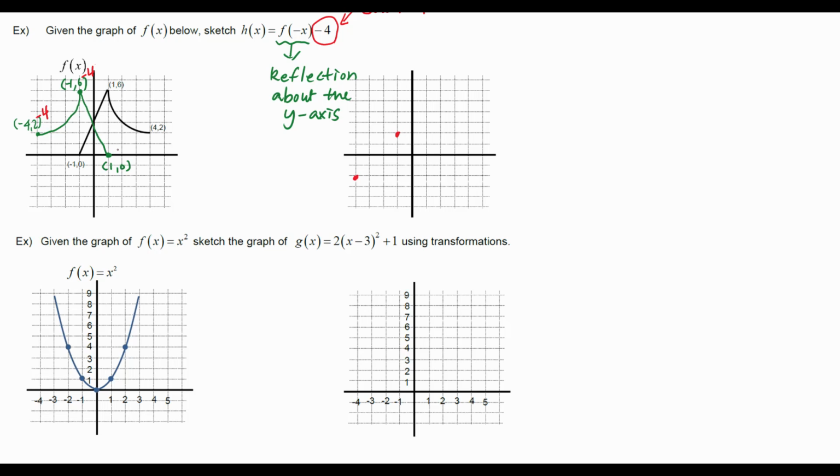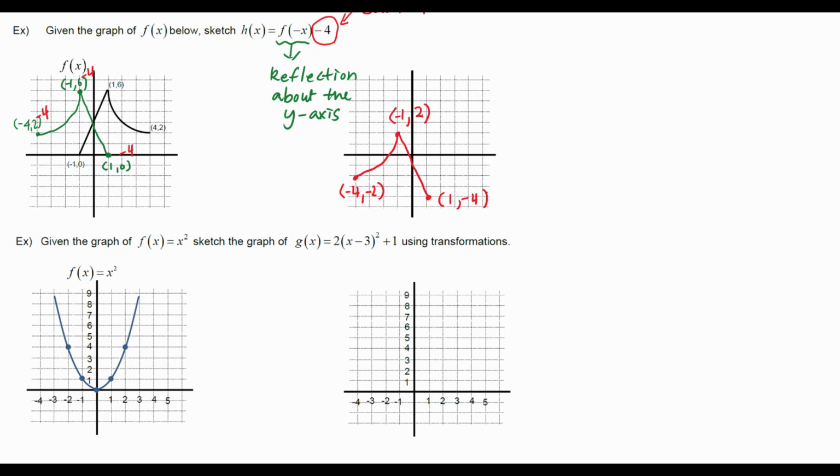And then if I shift down 4 units from 1 comma 0, I get 1 comma -4. So my final h of x will look like that. This is -4 comma -2, -1 comma 2, and 1 comma -4. And here is my h of x.